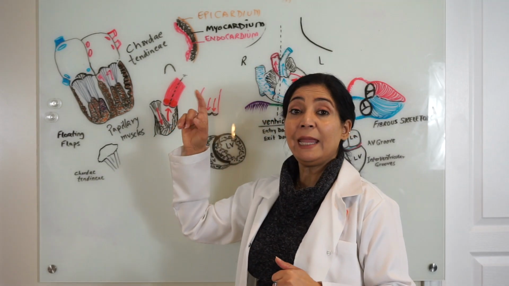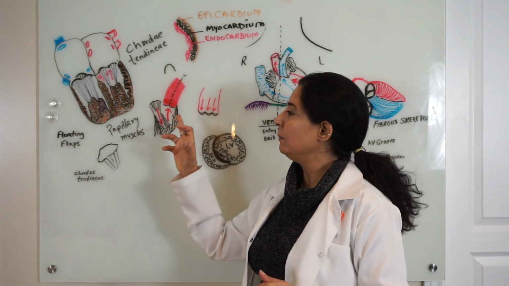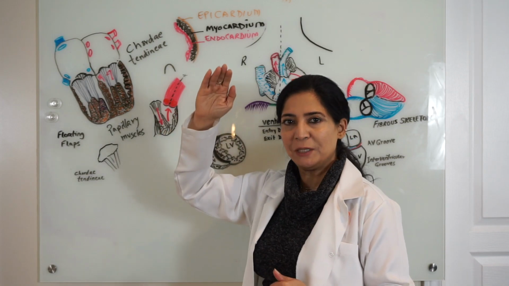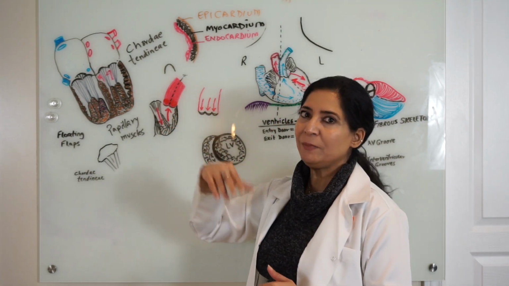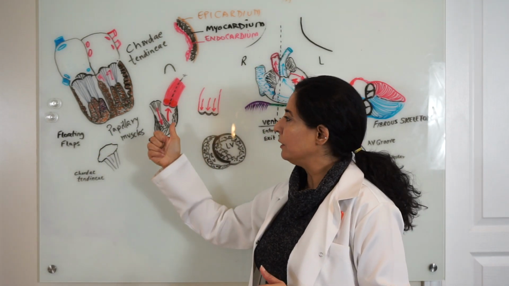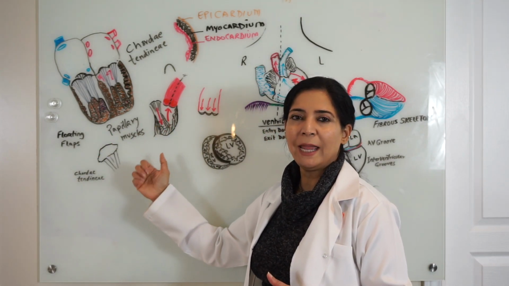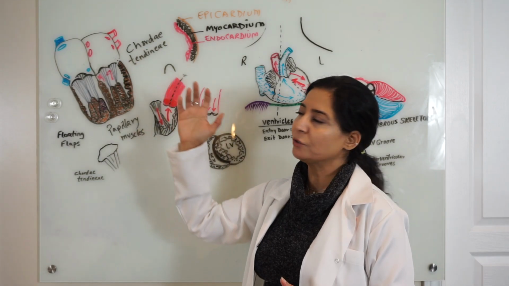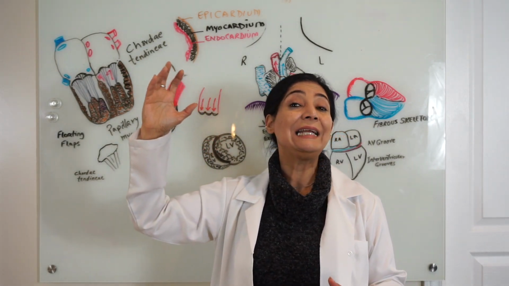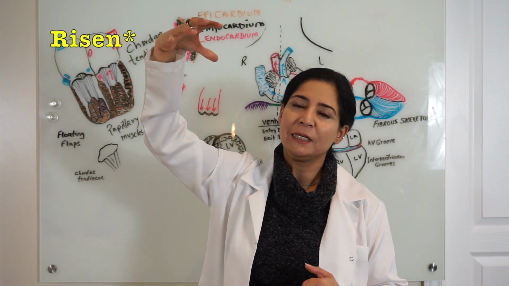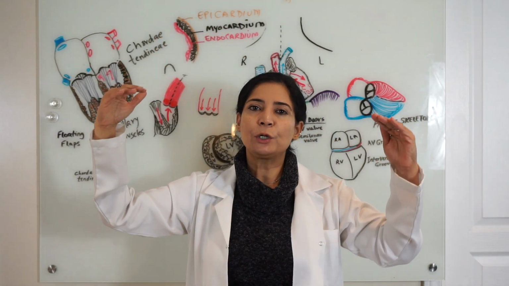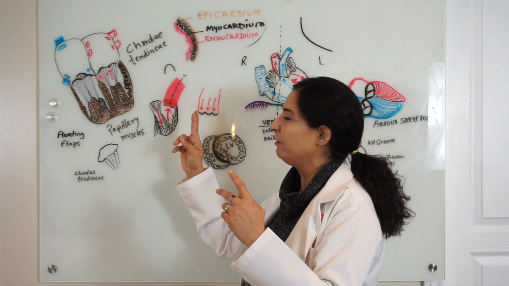So at the end of systole, when the pressure in the left ventricle has dropped and the pressure in the aorta has risen, the same thing happens with the right side. The pressure in the right ventricle drops and the pressure in the pulmonary trunk rises. So pressure within the great vessels has been raised. That will lead to the closure of these semilunar valves.